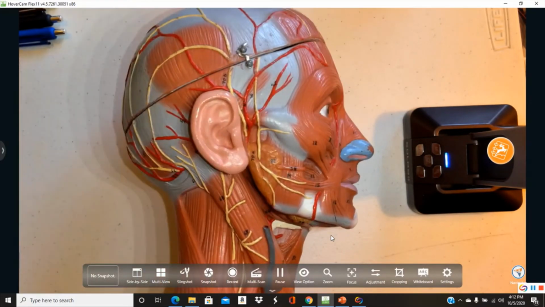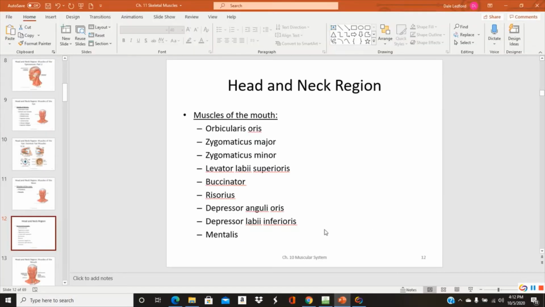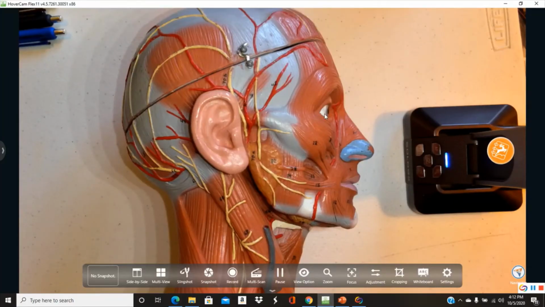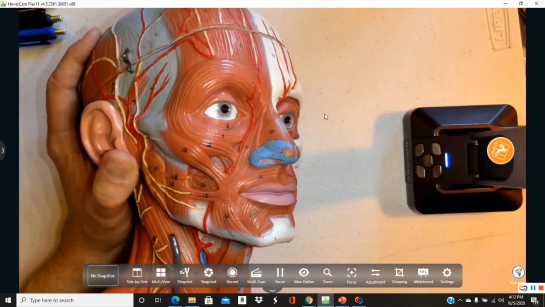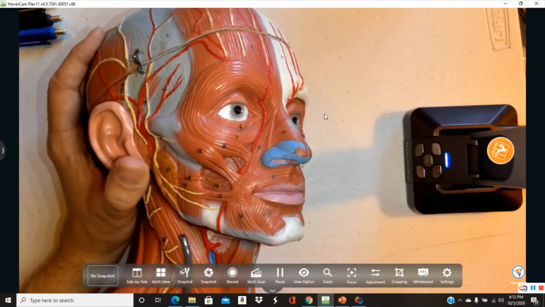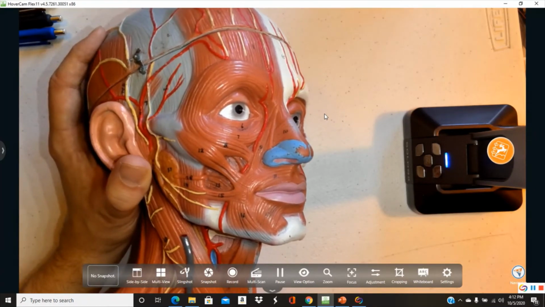Risorius. Now, what we're also going to see here is the depressor anguli oris. What does that tell us? Depressor, pulls down; anguli, angle; oris, of mouth. This is the muscle that pulls down the angle of the mouth.